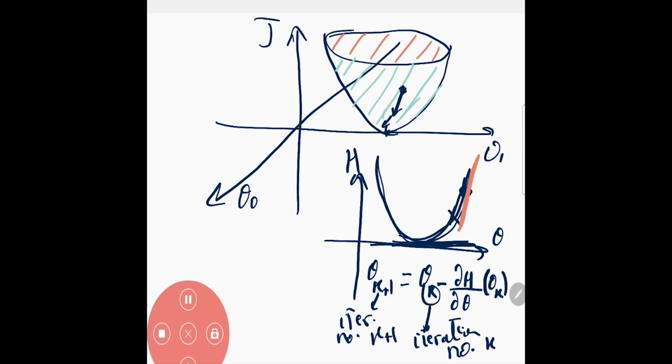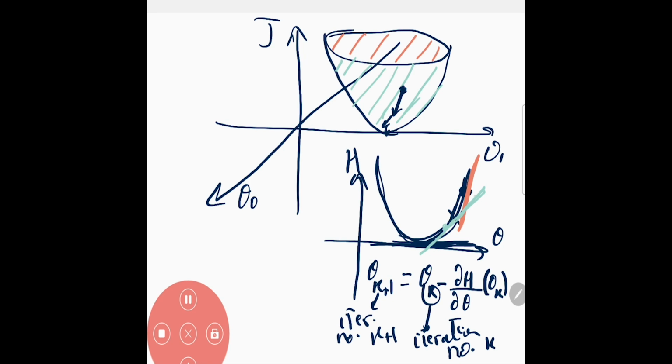So let's say we'll be at a new theta here, and our new slope at that particular new theta, theta k plus 1, will look like this. We can see that the value of the slope is still positive, but it is reduced with respect to the other slope. The value of the slope was reduced significantly due to this kind of motion.